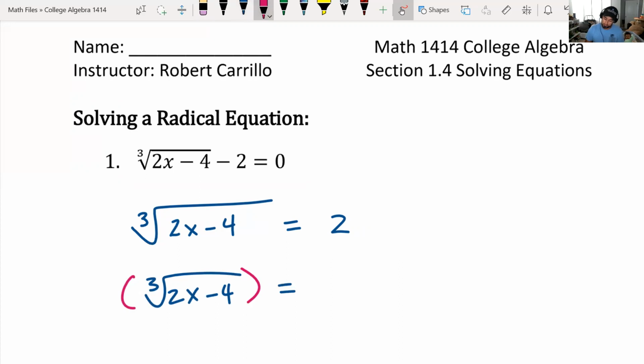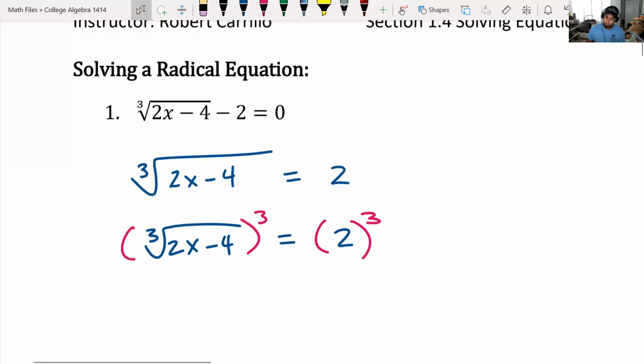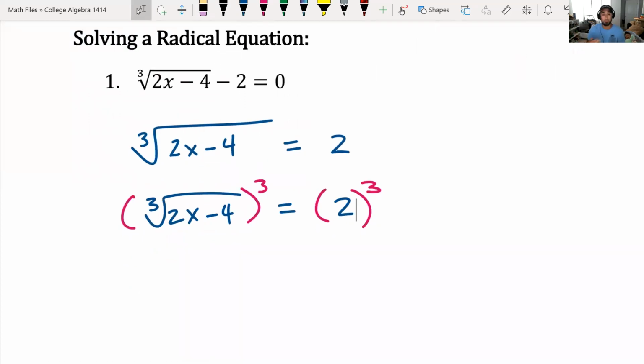Equal to parentheses 2, and we are raising everything again to the third. In which, on the left side, the cube root and the third power will cancel each other, giving us 2x minus 4 on the left side, and then on the right side, 2 cubed is going to give me 8.